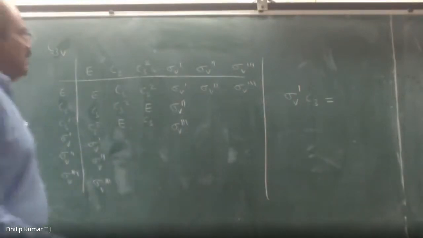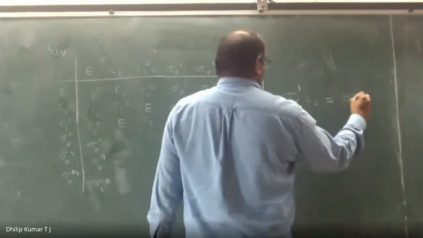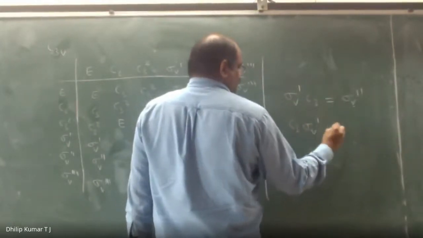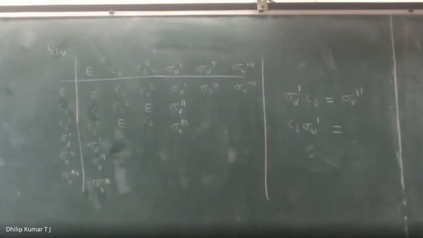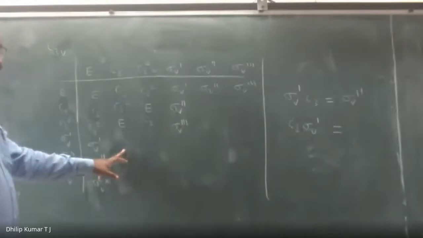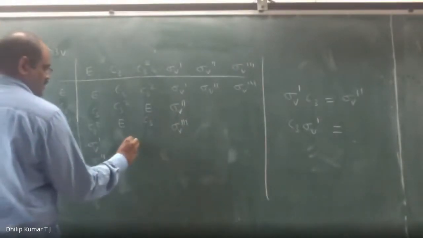So your question is this will get sigma V double prime, and if you interchange it, it's different, right? That's your question. Yes, sir. So I'm doing C3 into sigma V, and I get sigma V double prime here also.